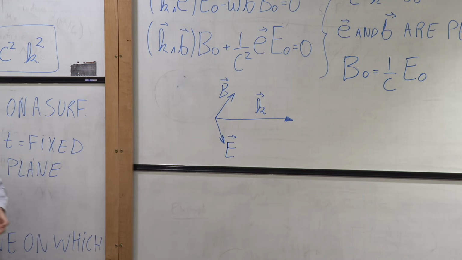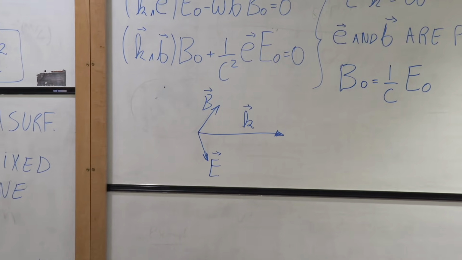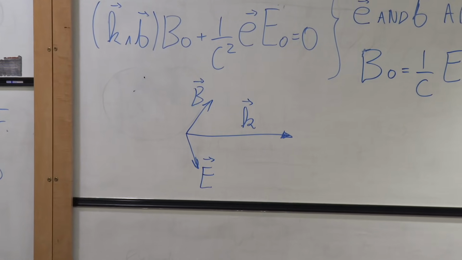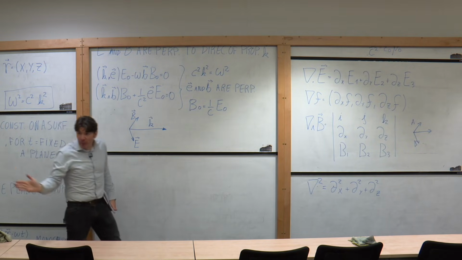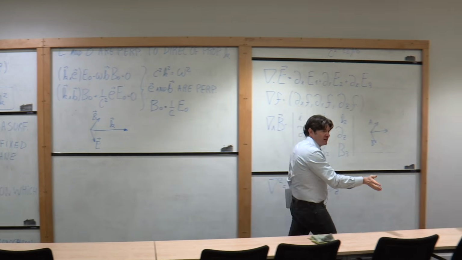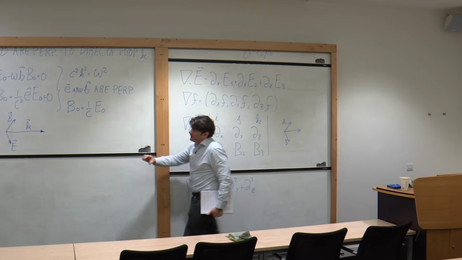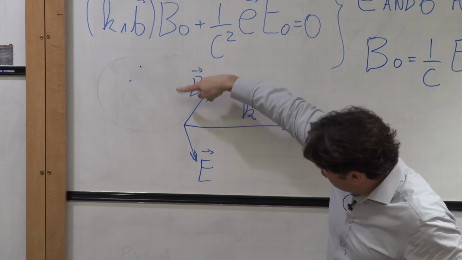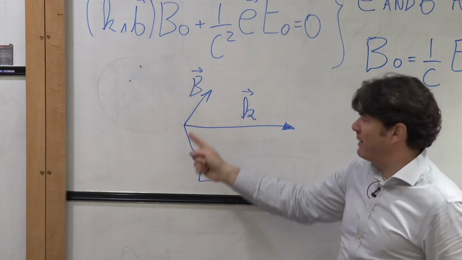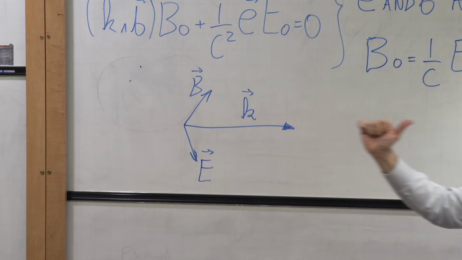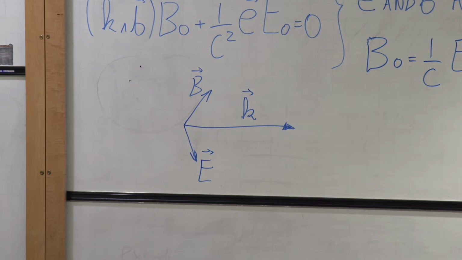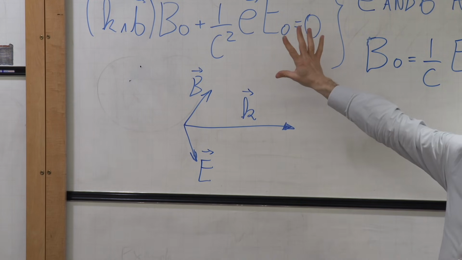So this is the way that the electric and magnetic field propagate. Imagine waves going up and down, and the waves propagate in this direction. So basically, we have the electric field that oscillates in this direction, the magnetic field oscillates in this direction, and everything moves in this direction here. Is that okay? So this is the conclusion of our equations.